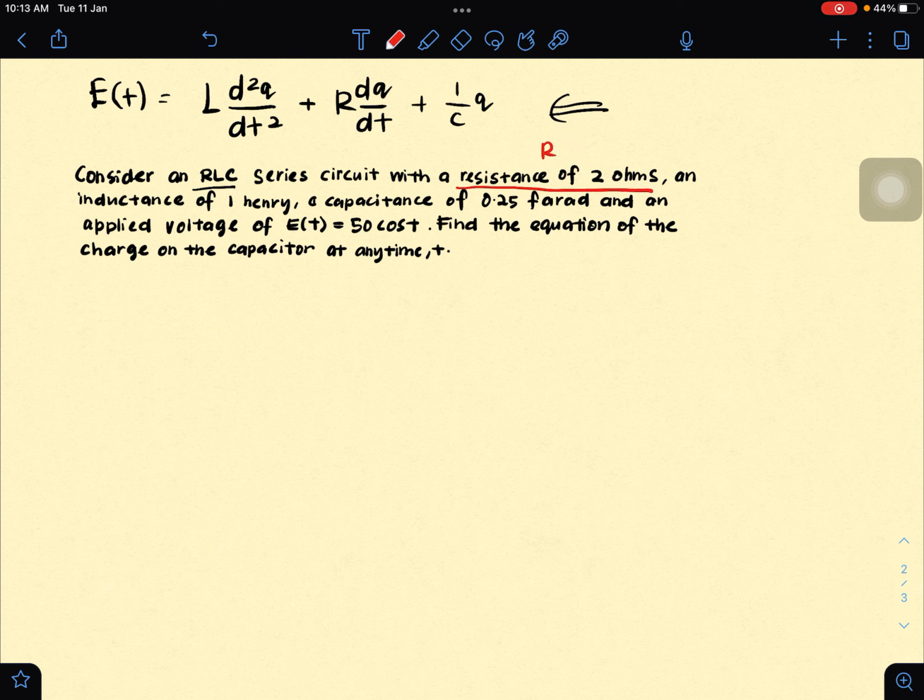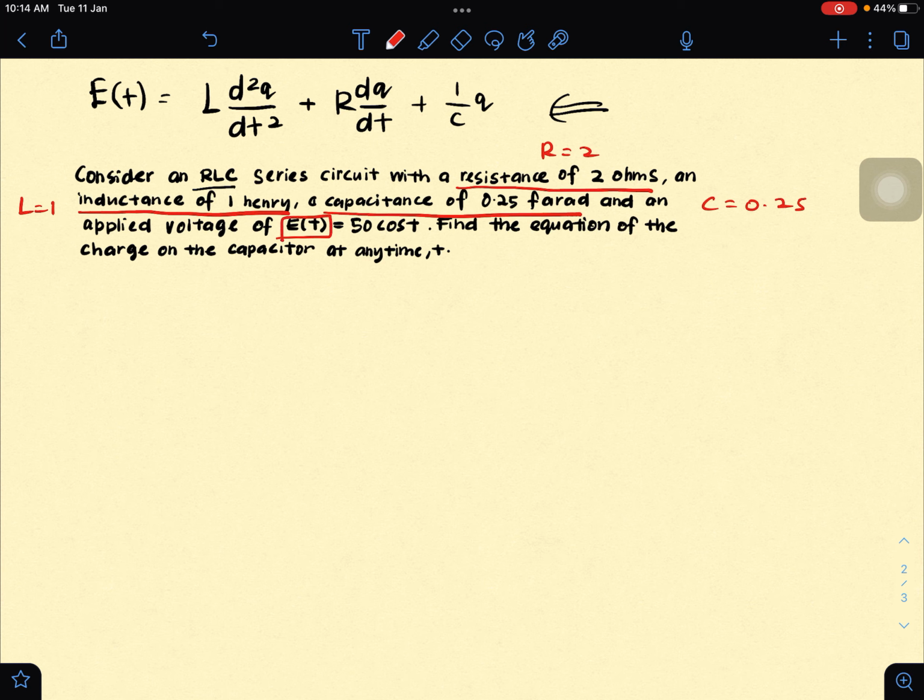And an inductance of 1 Henry, so your L is equal to 1. A capacitance of 0.25 farad, your C is equal to 0.25. And an applied voltage of E(t) equal to 50 cos t. So your E(t) is 50 cos t.